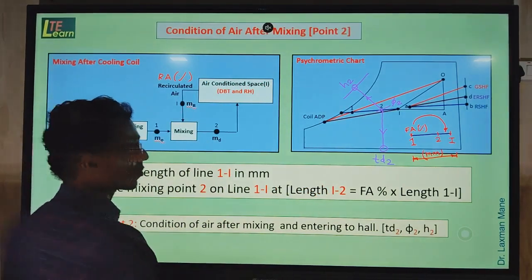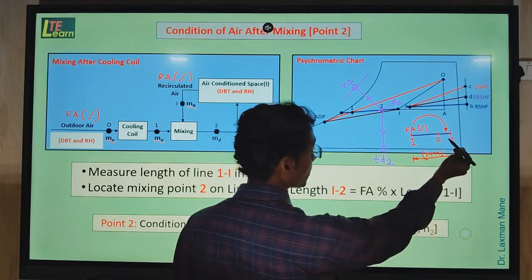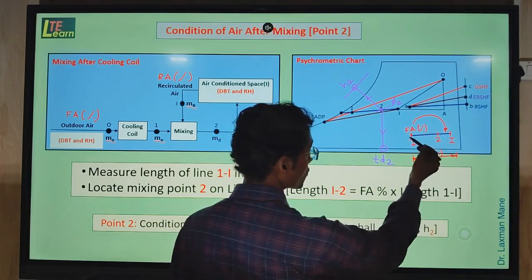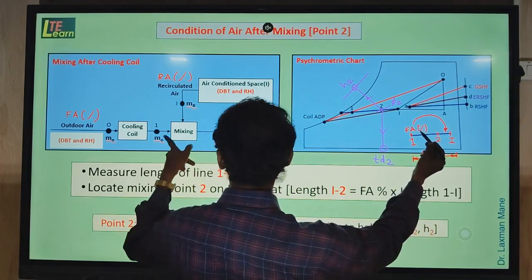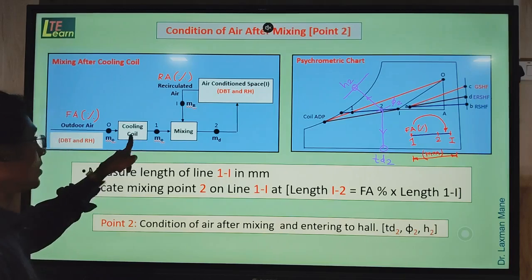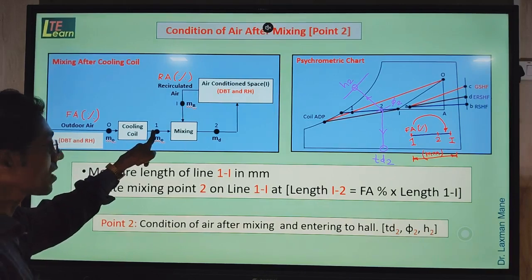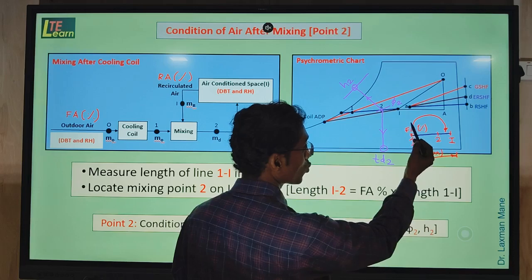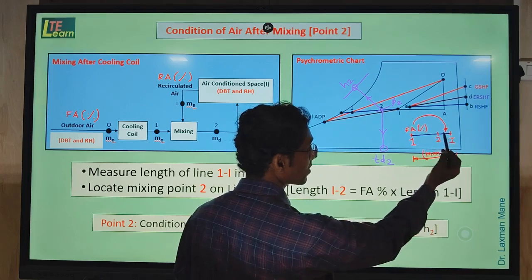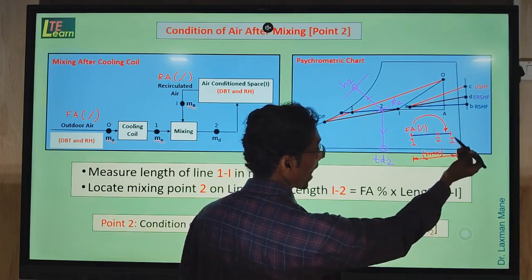Now how to locate it? For that purpose, this 1 to I line is shown here again. Here fresh air which is coming from the outside and passing over the cooling coil is coming at point number 1. This fresh air content percentage is shown on the opposite side with this distance, that is 2I.